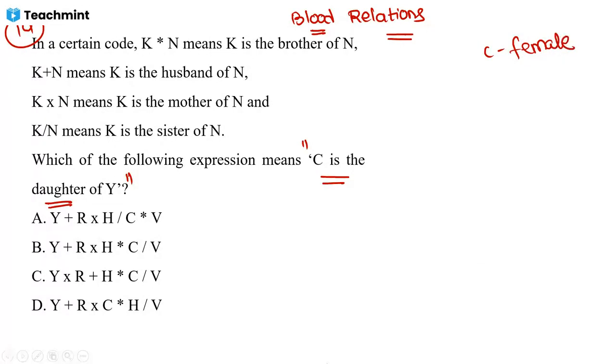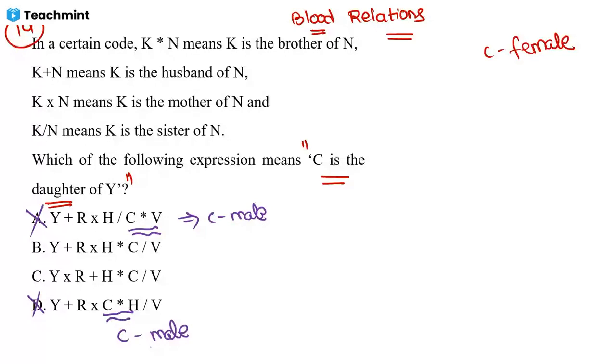Now you just see option A, C into V. Last one, C into V. C is brother of V. C is male here. No need to do this. In fact, D also same problem. C is male.